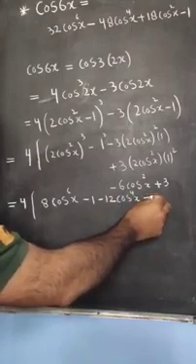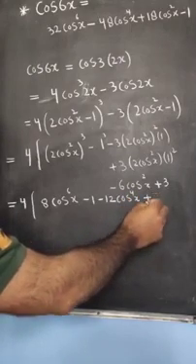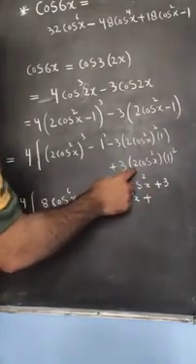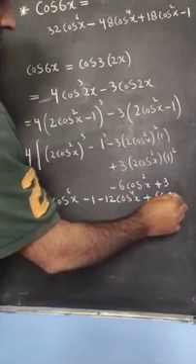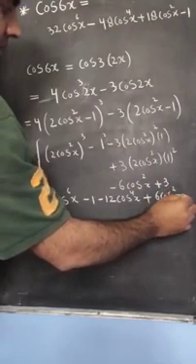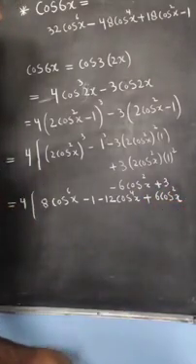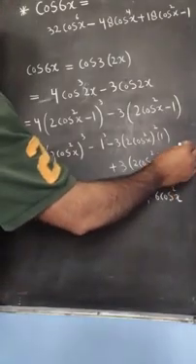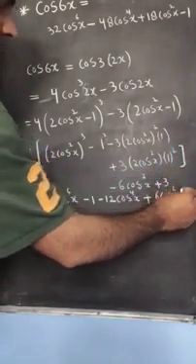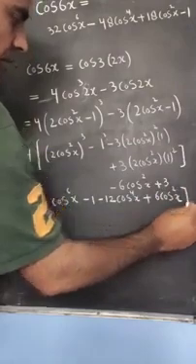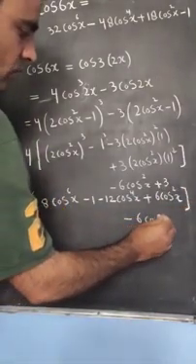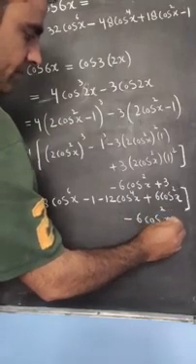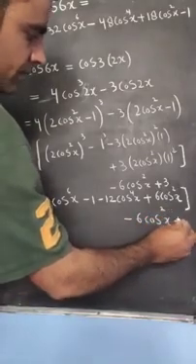Then we have plus this 3 into 2, that is 6 cosine square x. Now here we have a long bracket, so put the long bracket here. Then we have minus 6 cosine square x plus 3.